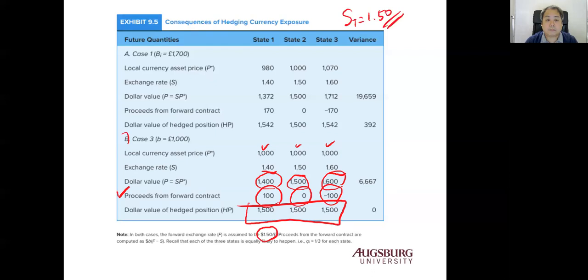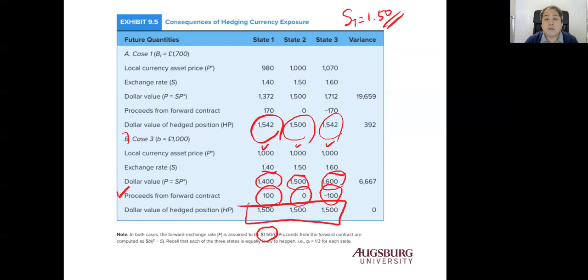If you use this forward contract the same way, you can get 1,500 in state two, but you will get more, actually $1,542, in the other two states.